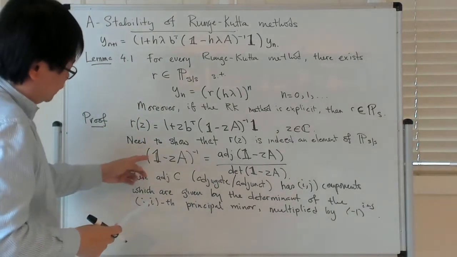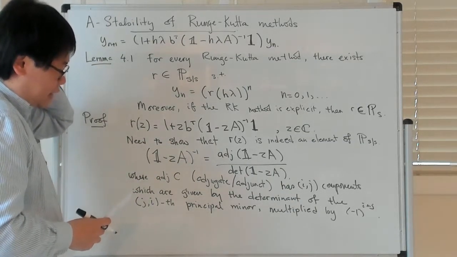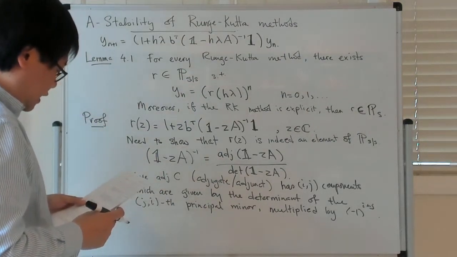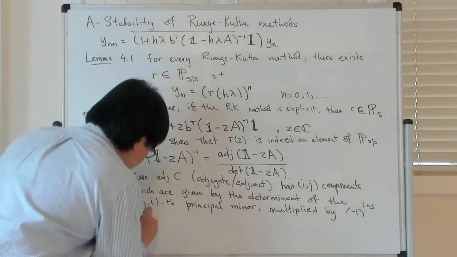All right, so let's think about this. If you look at the entries of this matrix, the identity minus zA, each of these entries is linear in z.